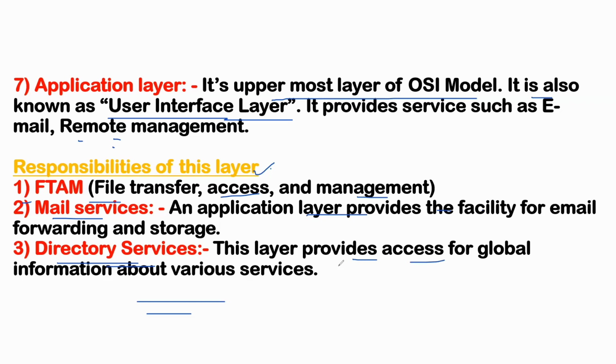This is called directory services, and there are some more drives also. Simply, the application layer is the user interface. From a network perspective, if you use any application for networking, it works on the application layer. So this is the OSI model.